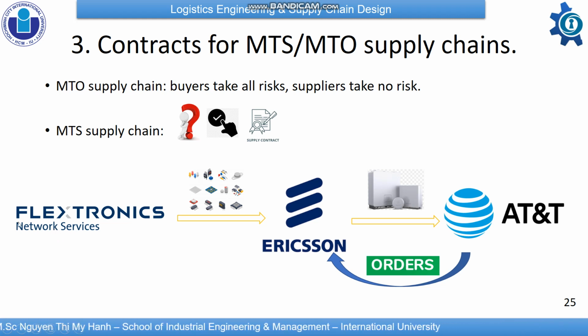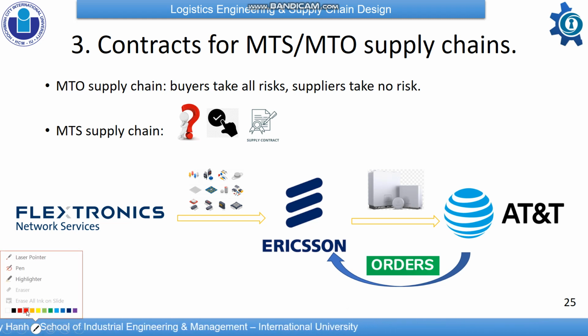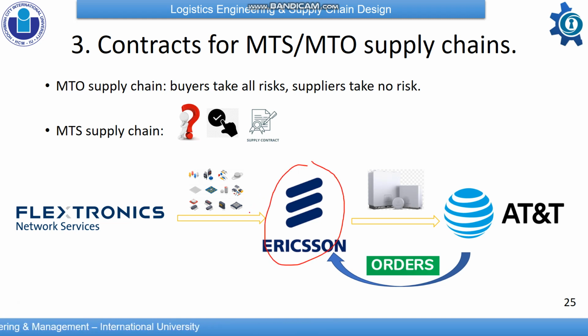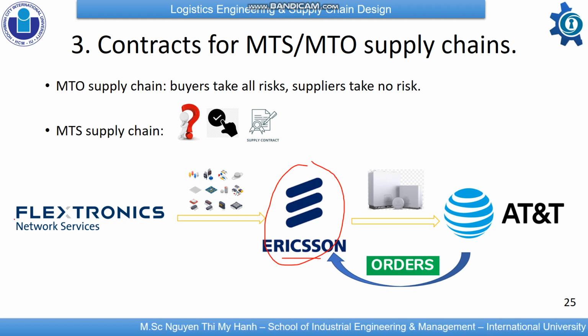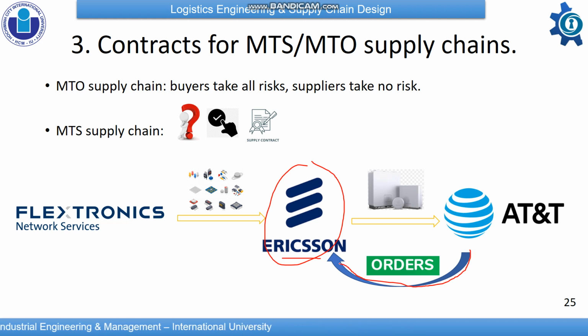The networking equipment suppliers: the company Ericsson will supply their network equipment to the AT&T company, and they will buy the component from Flextronics company, and Ericsson will make the orders to Flextronics company when they already receive the confirmed order from AT&T.